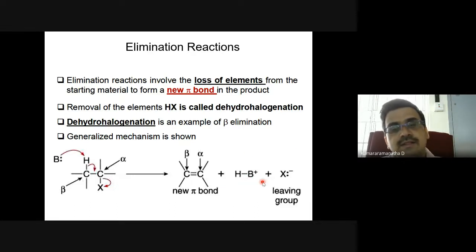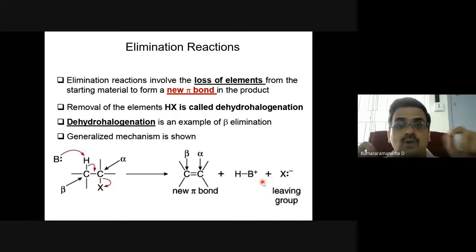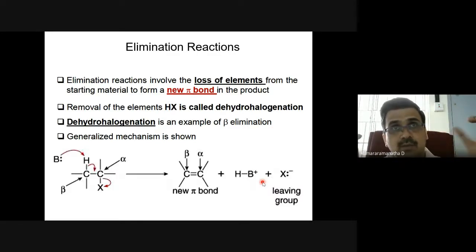So this is the general reactivity for elimination reactions. I want everyone to be aware that yesterday, for a saturated molecule, we started to substitute. Now, for saturated molecules, we are removing the bonds, which is the very opposite of substitution reactions.